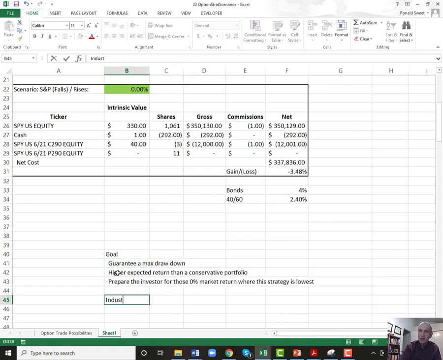The industry is not looking for this better solution. And why is that? We've already answered why. Career risk. Career risk and how we are compensated.